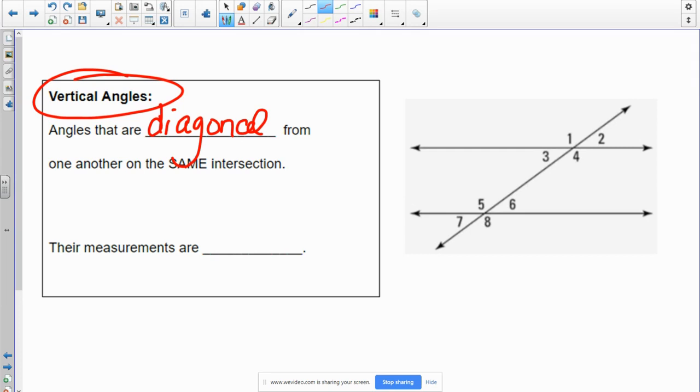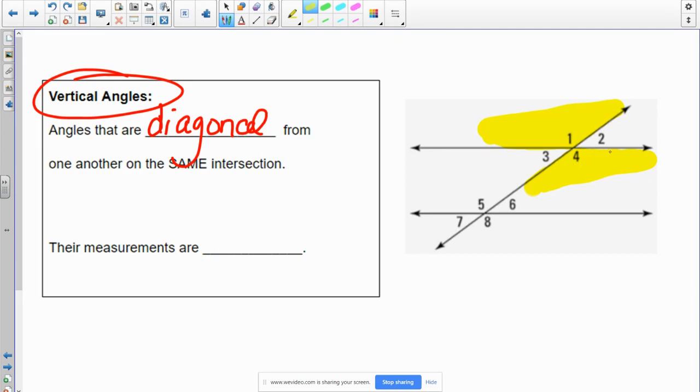So what that looks like, I'm going to use a highlighter here. Angle 1 here is a vertical angle to angle 4. If we look again at the definition, angles that are diagonal from each other and on the same intersection. So this is the intersection we're talking about.